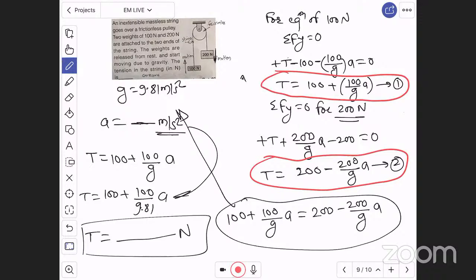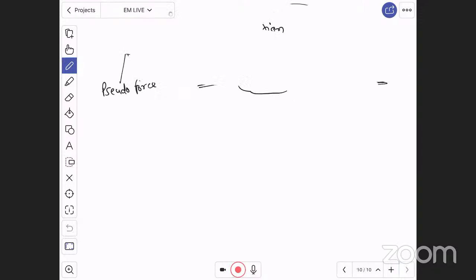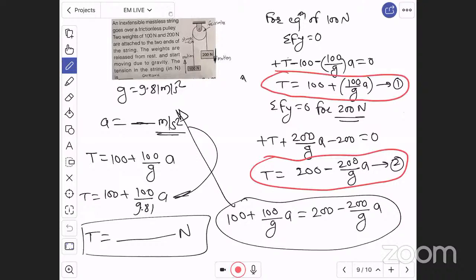सब कुछ दे रखा है दोस्तों. My dear students, everything is explained. Tell me what is value for tension T?